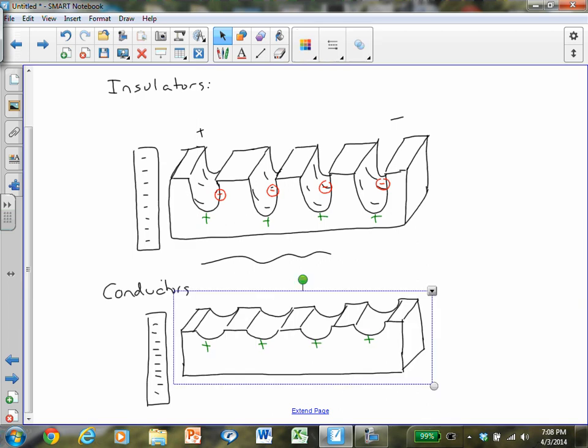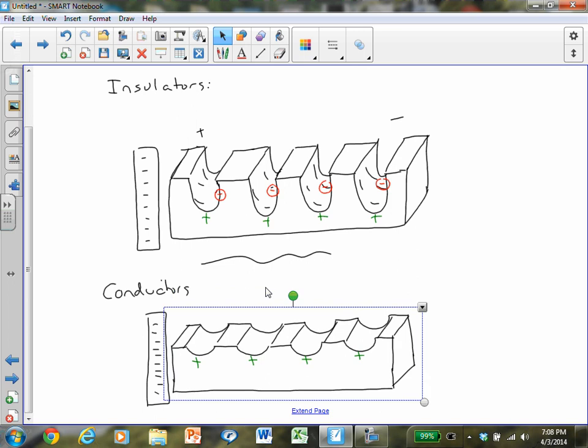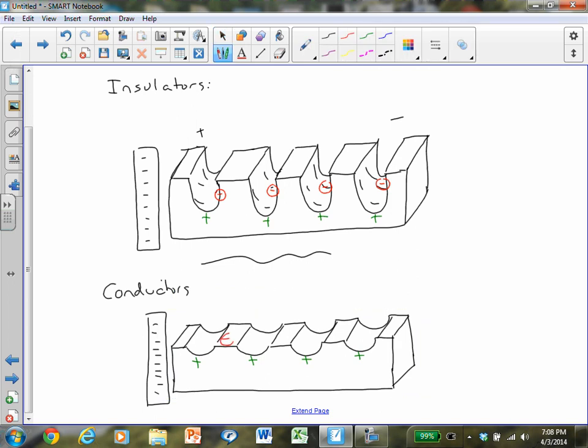In this case, you bring it close. Some of the negatives might shift right out. They all are shifting away from the negatively charged object to the one side to get as far away from it as possible.